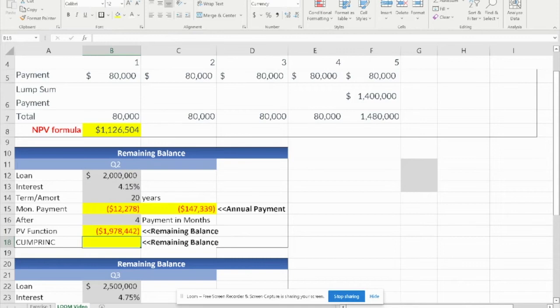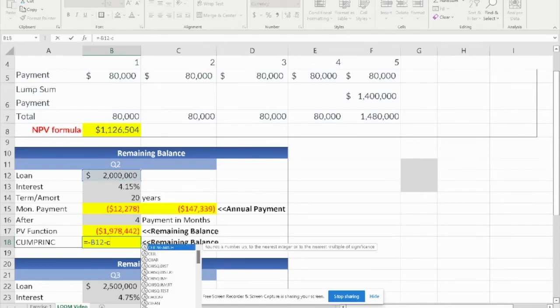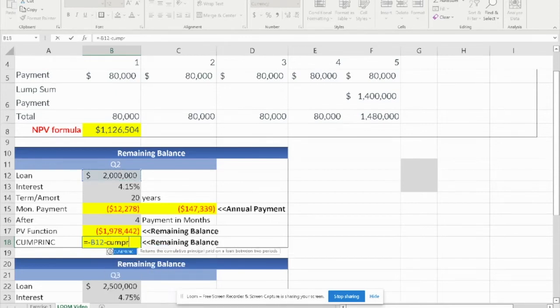To use the CUMPRINC function, you're going to start with equal negative the current loan amount minus CUMPRINC. This function is going to be used heavily and often in this course, so make sure you know how to use the CUMPRINC formula or function.